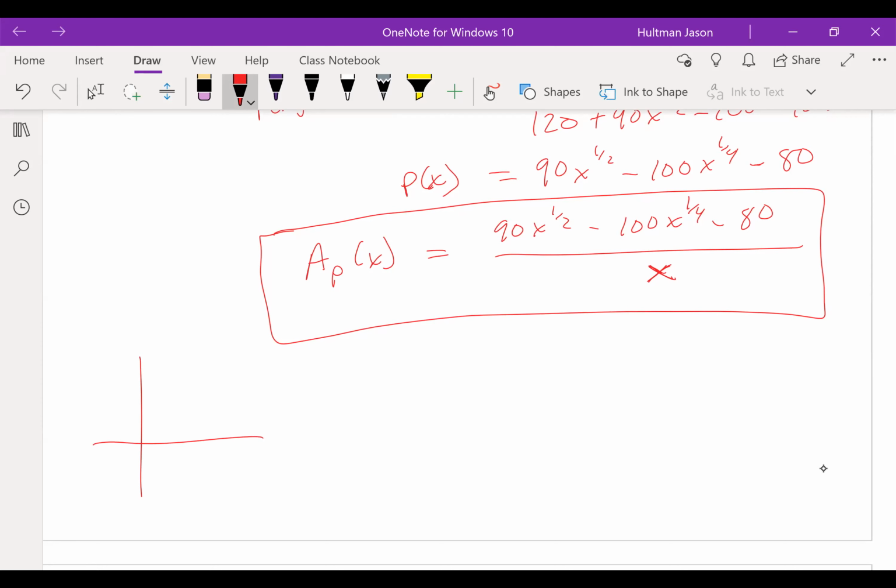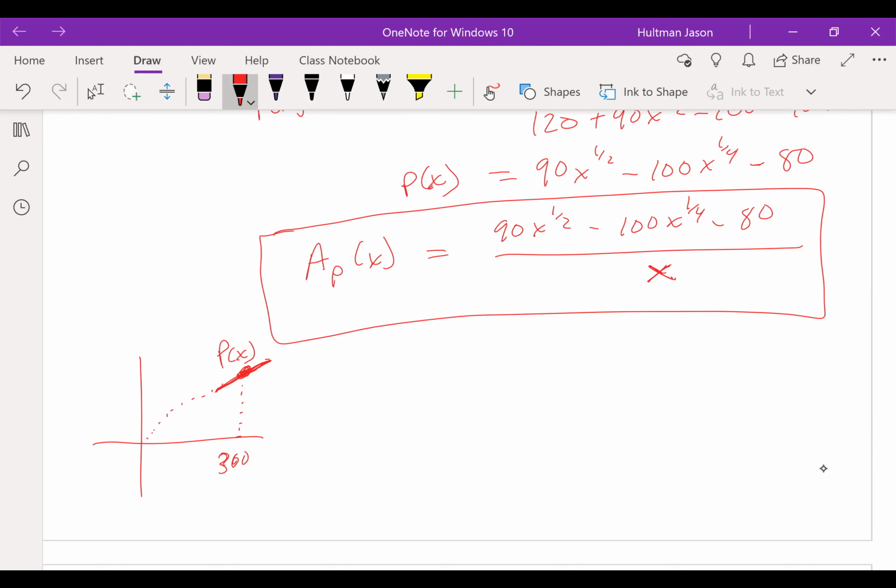We find our profit function, and we want to know at 300 geraniums, how fast is my profit changing? How fast is P of X changing? That's going to be the derivative, P prime of X. But I want the average rate of change, and we're going to make it an instantaneous rate of change.